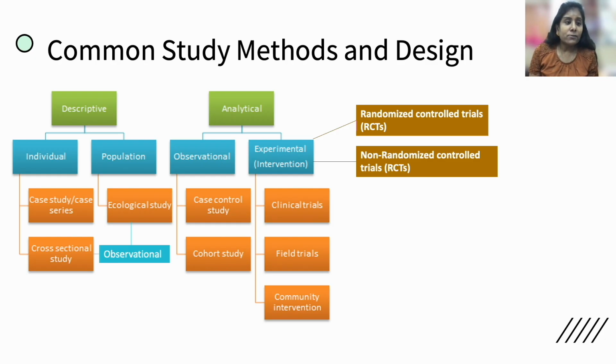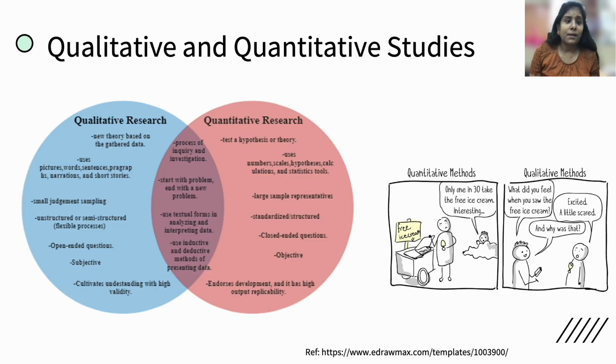Observational studies can either be described using descriptive stats, or be done using analytical stats and the p-value. Those are the main things I would like you all to take home from this slide.